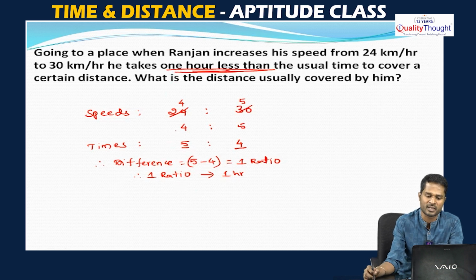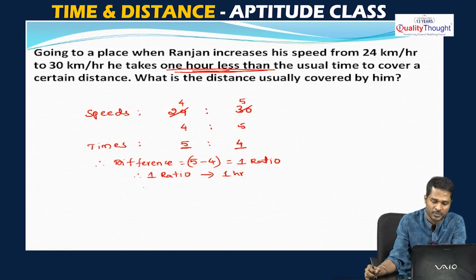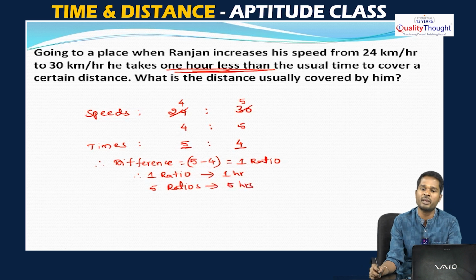Now take any one side, the 24 kilometers per hour side or the 30 kilometers per hour side. I will take the 24 kilometers per hour side. Now 1 ratio is 1 hour, so 5 ratios will be 5 hours. The distance travelled in these 5 hours is the total distance.